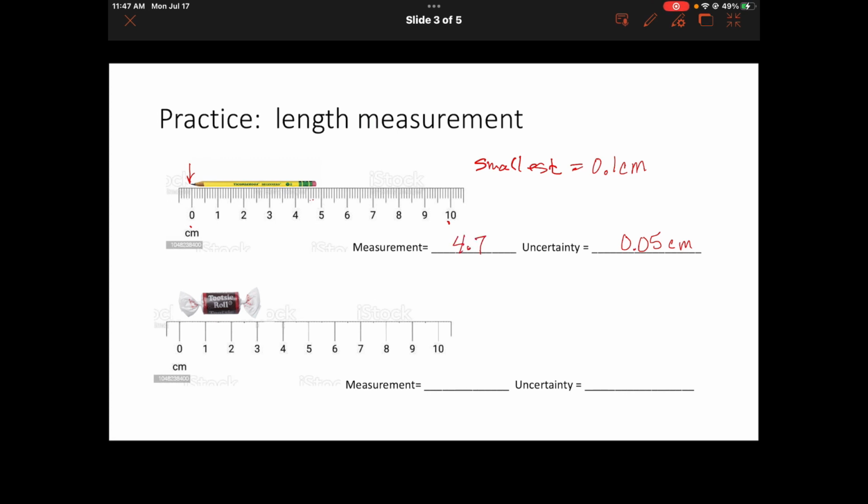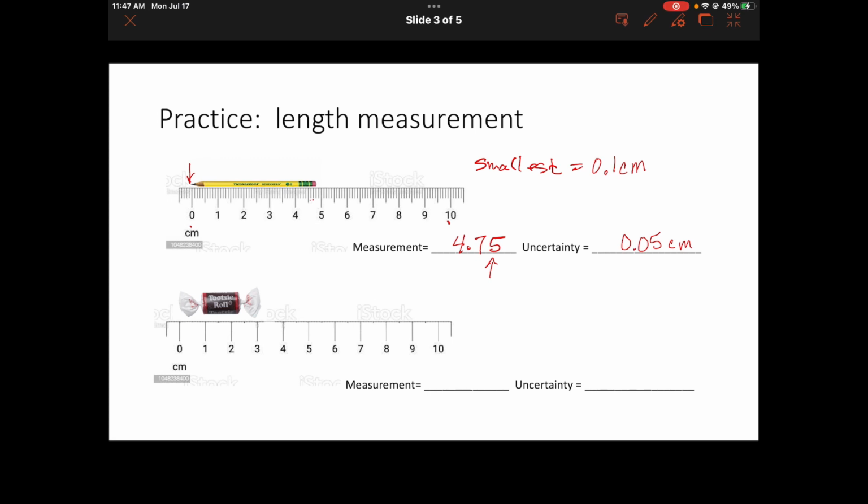Now, since we have marks every 0.1, you can estimate one more digit. We use our eyes to estimate. Do we think it's right at the line or maybe somewhere in between? I'm going to say that it's kind of in between, so it's at 4.75, with our uncertainty of 0.05 centimeters. We're saying that we don't really know this last digit. We estimated it.